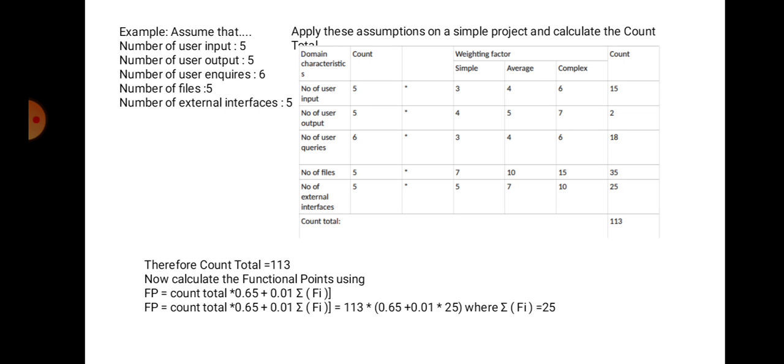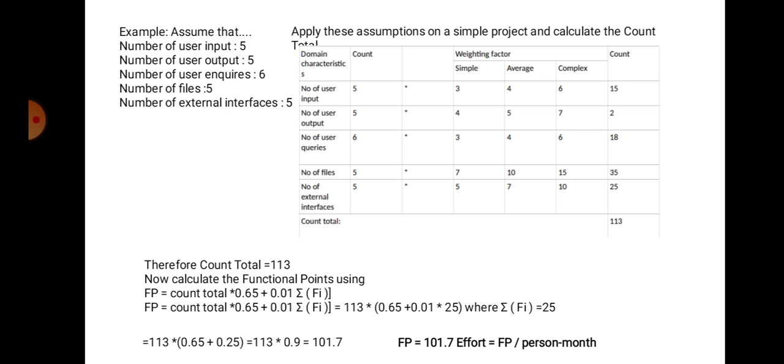Total count we found is 113. So by using a simple calculation, sigma Fi is 25. Finally, this is calculated here: 113 into 0.65 plus 0.25.